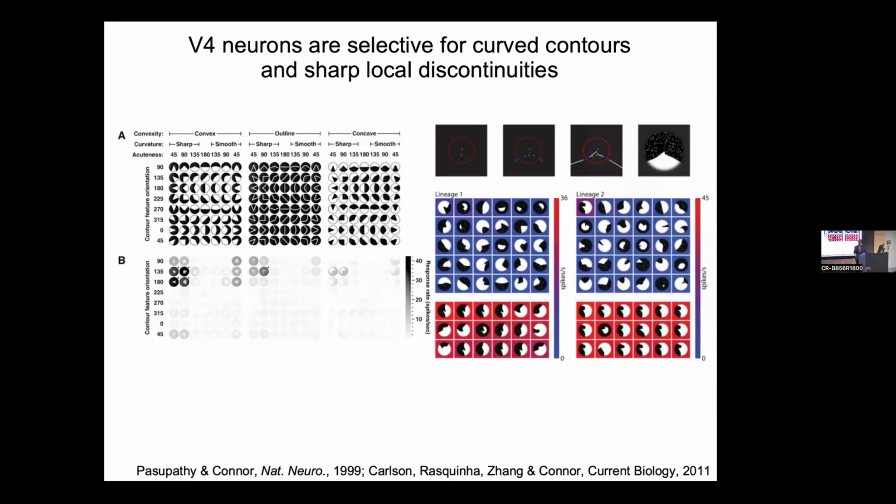We know that entire objects aren't explicitly represented in V4, but it was thought that parts of objects would be. So they showed that V4 neurons are selective for little convex protuberances and corners and little shape elements, especially if those shape elements had curvature in them, and that individual neurons in V4 were tuned for these different shape elements.